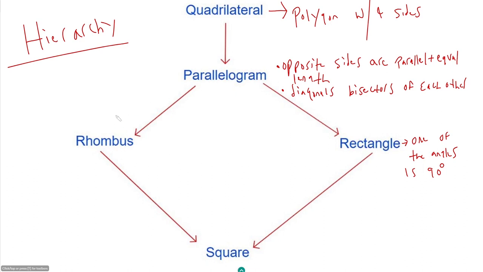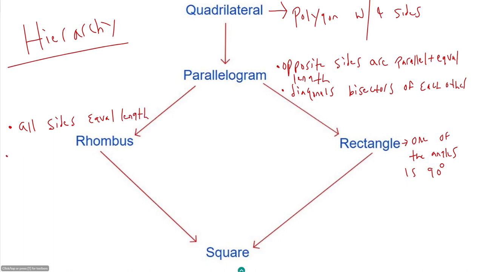What about a rhombus? Well, a rhombus is going to be a parallelogram where all your sides are equal length. So with a parallelogram, only your opposite sides had to be equal length. With a rhombus, all sides are equal length.